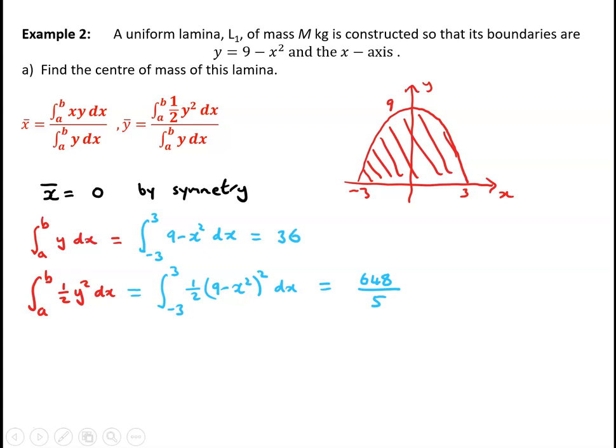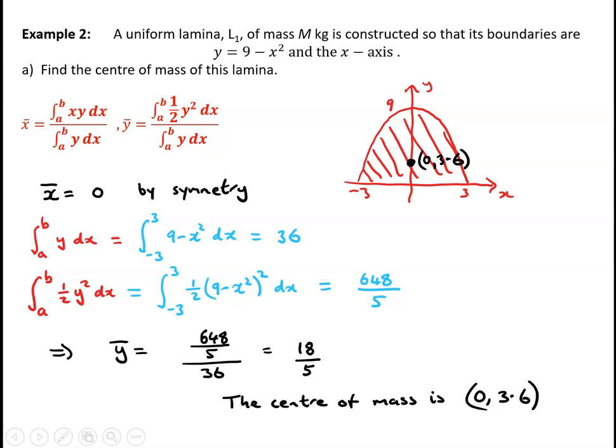So y bar, the y coordinate of the centre of mass, is given by 648 over 5 divided by 36, which simplifies down to 18 over 5. So the centre of mass is the point (0, 3.6).